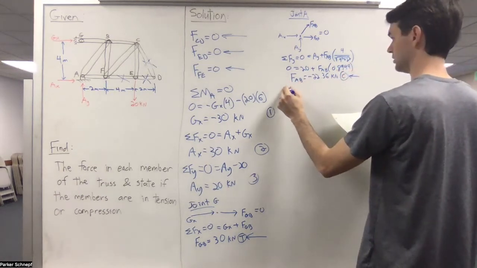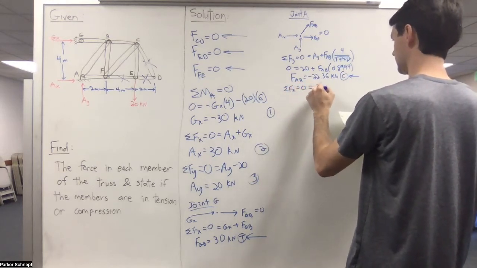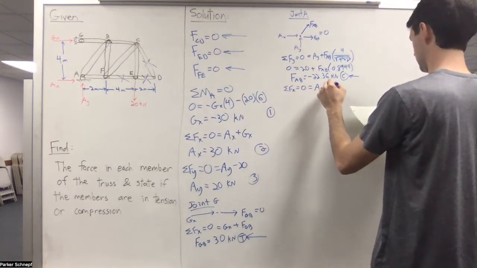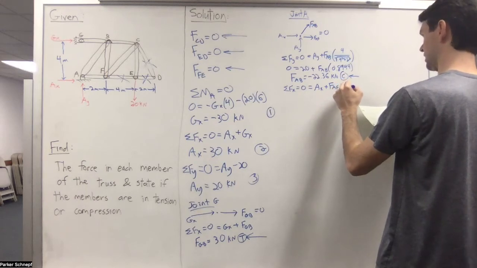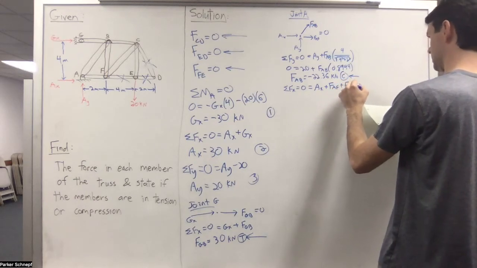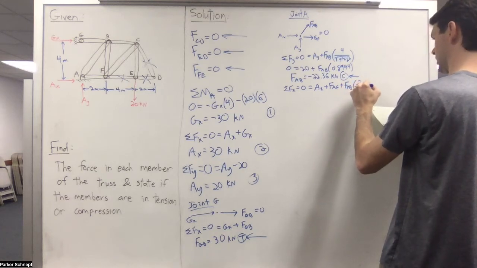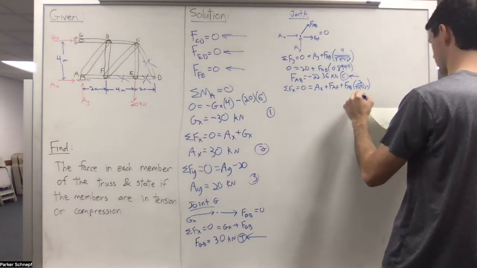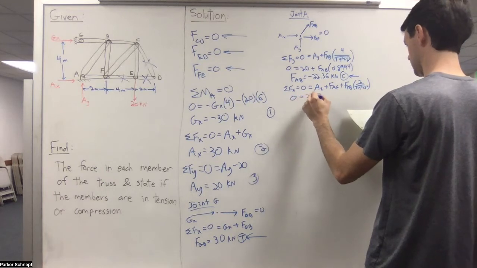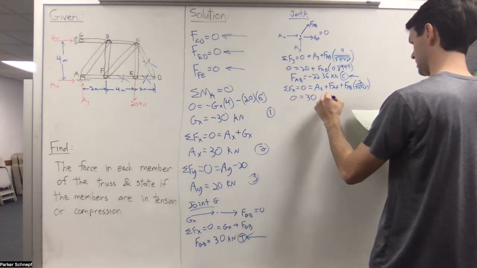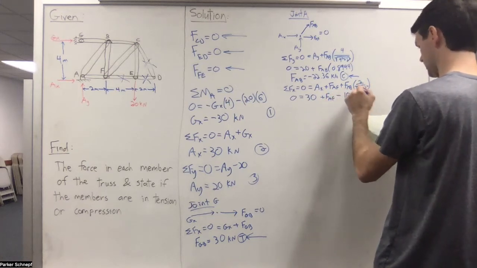And now I'm going to do the sum of the forces in X. 0 equals AX plus FAF plus FAB times 2 over the square root of 4 squared plus 2 squared. And that gets me 30 plus FAF minus 10 when I do that math.